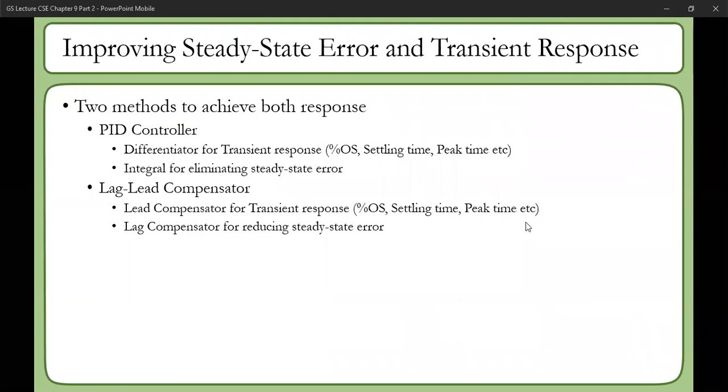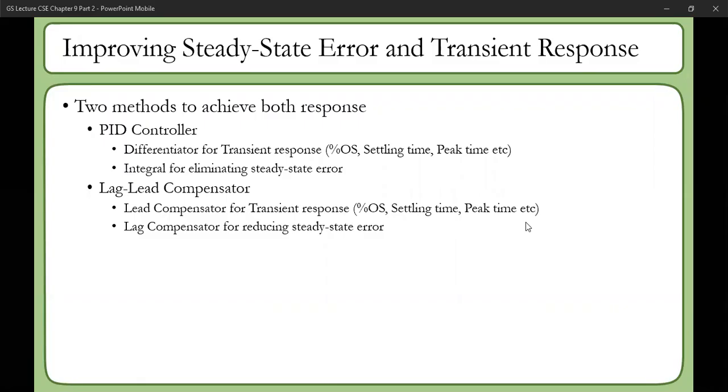Now this is article 9.5. We want to summarize and have a complete solution. Complete solution means we initially saw the elimination of steady state error, as well as obtaining the desired transient behavior using your PD and your lead compensator.